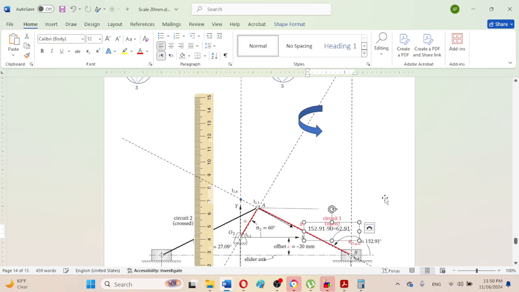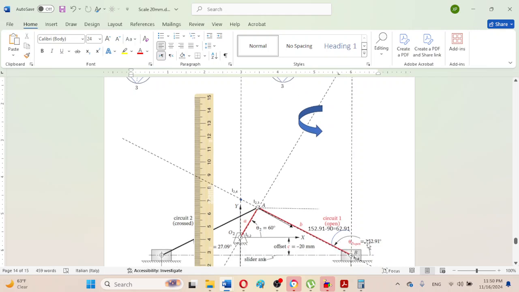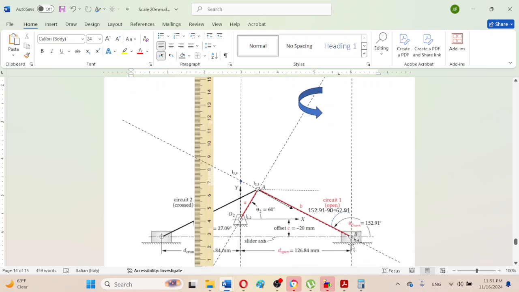And this angle between this connecting rod and this line ai1,3, as we can observe, the angle for this straight line is 180 degrees, as we know from geometry. So the angle up to here is 152.91.